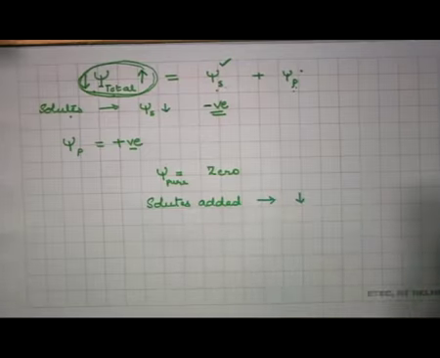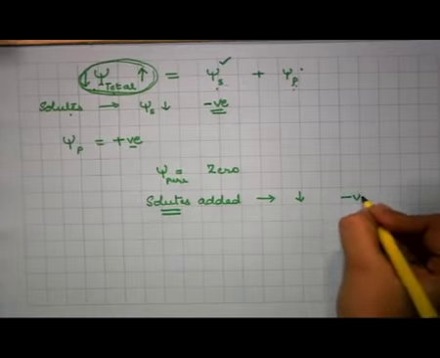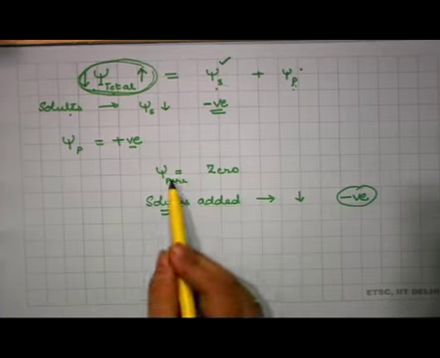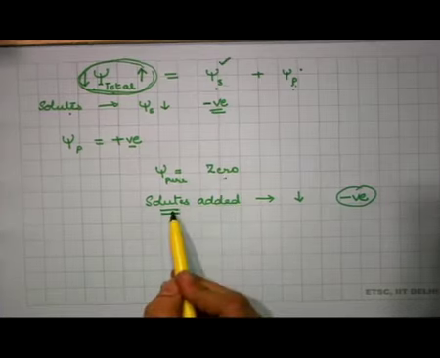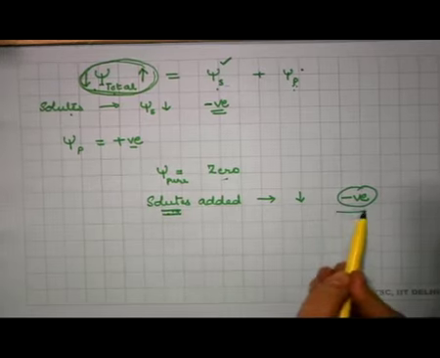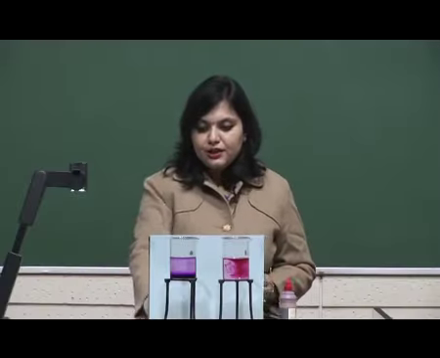That means the water potential of a solution with solutes will always be negative, less than 0. So, the water potential of pure water is 0, and whenever solutes are present in the solution, the water potential will have a negative value. This was about the water potential.